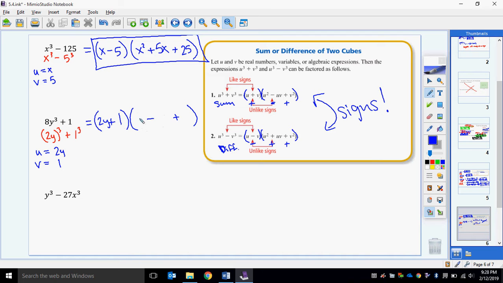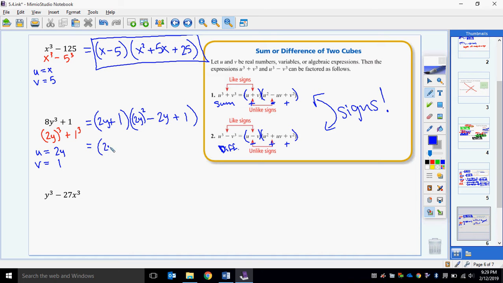The second one, u squared goes here, so I need to square the 2y, not just the 2 and not just the y, but everything. I'm squaring the entire u. In the back, I'm squaring the v, so 1 squared, just like I squared the 5 back here. 1 squared I can just write as 1. And in the middle, I need to take u times v, which means u is 2y times v is 1, so that'd be a 2y.